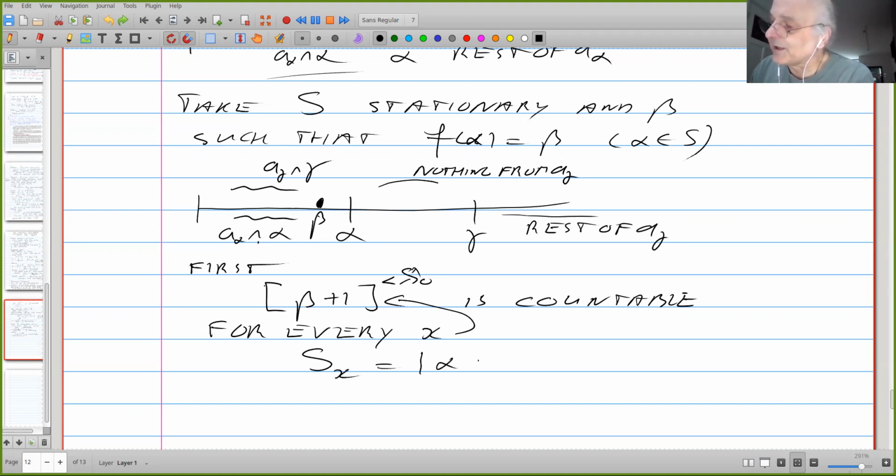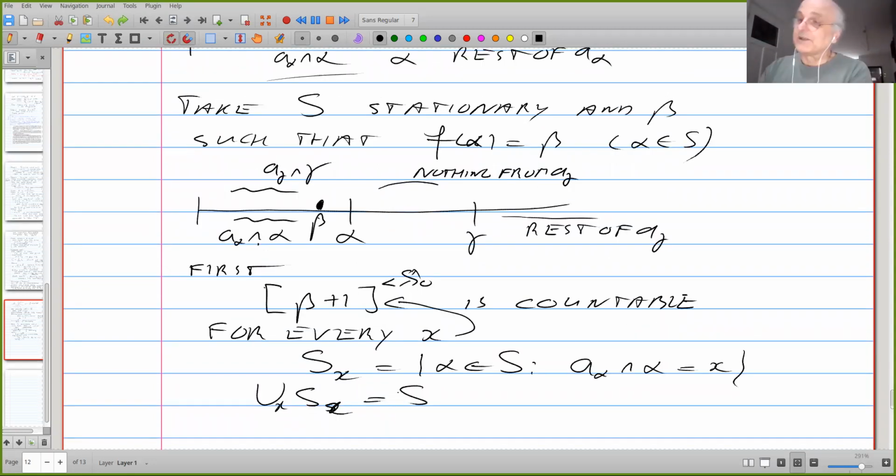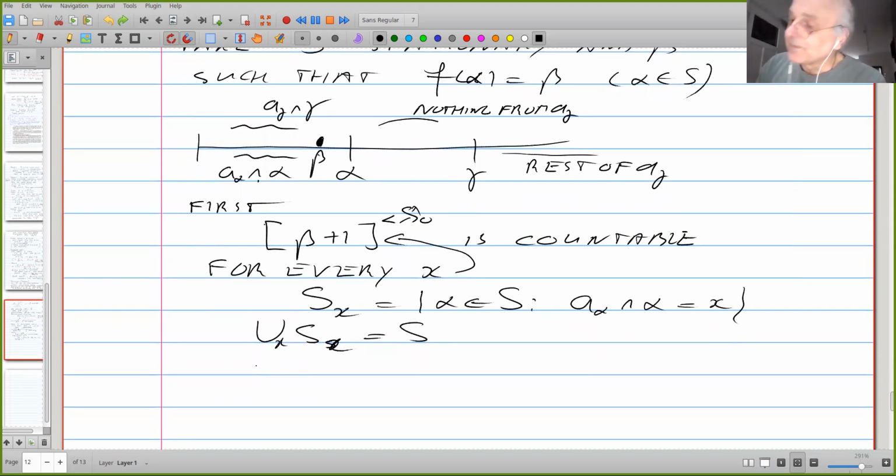Those are all the alphas in S for which A alpha intersect alpha is equal to x. The union of all the Sx's is equal to our stationary set S. Every member of the stationary set has its A alpha intersect alpha as a finite subset of beta plus 1. And now we get to the blue announcement from the beginning a few moments ago. Some Sx is stationary.